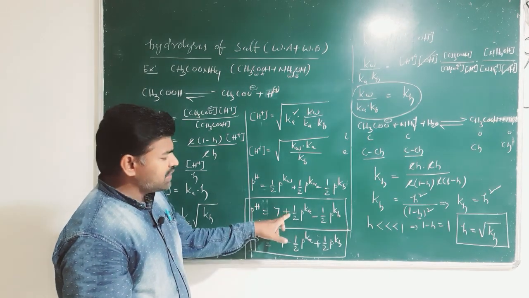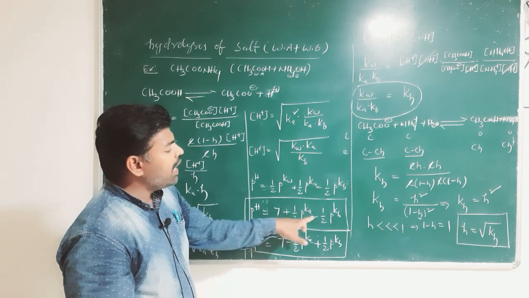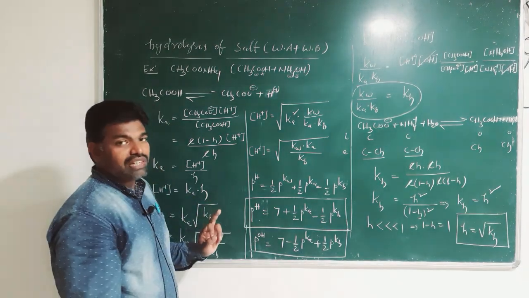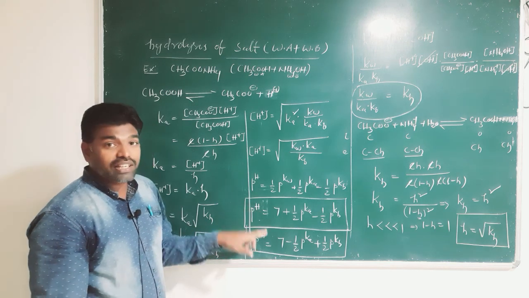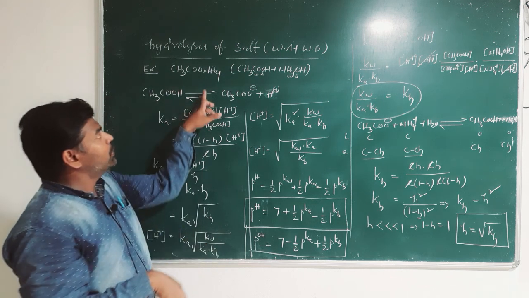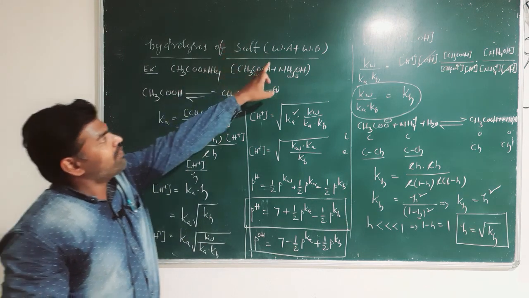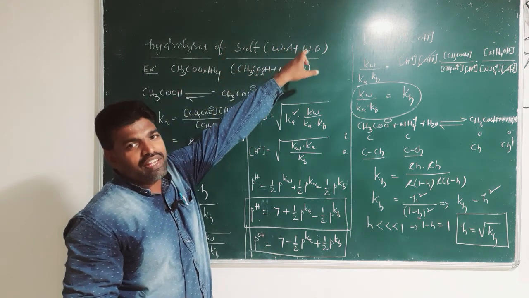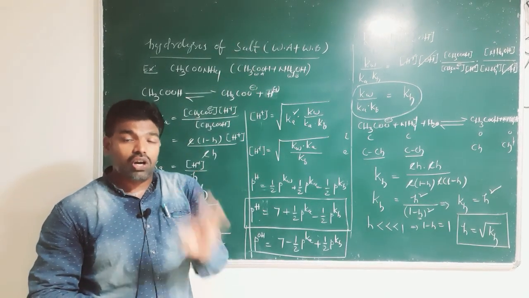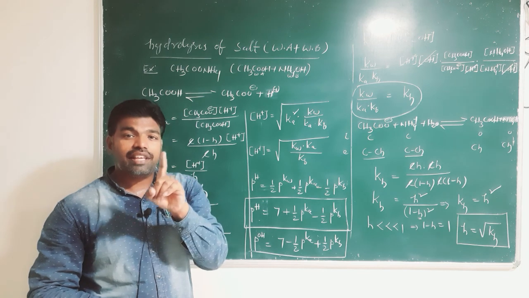Then we get the negative sign for 1 by 2 pKa and positive sign for 1 by 2 pKb. So, this is the equation for pH of the resulting solution when we add water to salt derived from weak acid and weak base. But the nature of the resulting solution depends on Ka and Kb values.